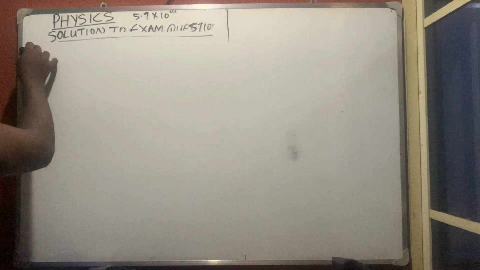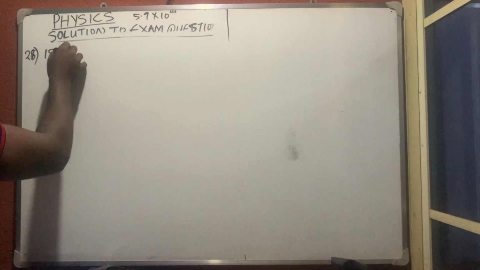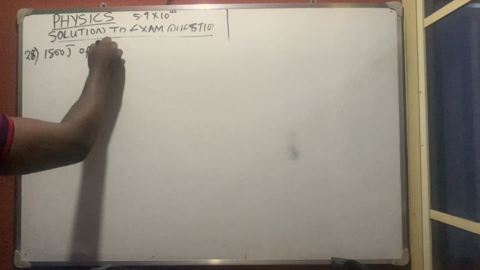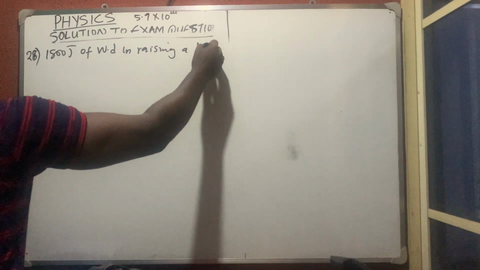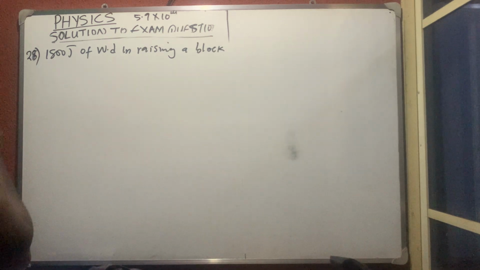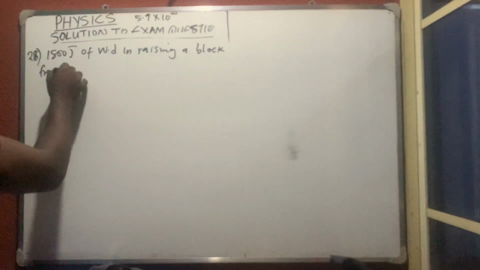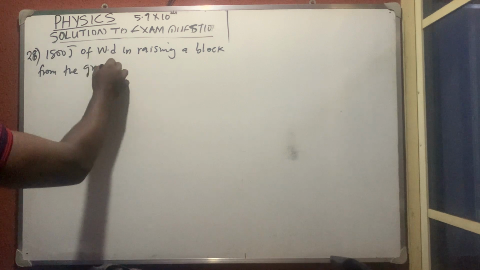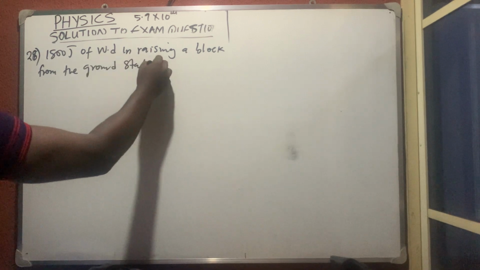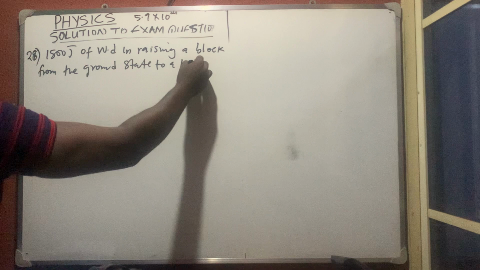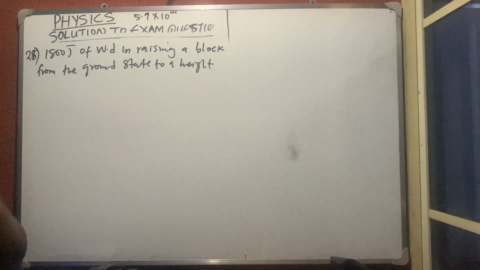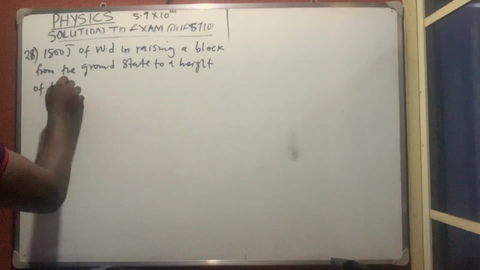We just solved 27. Question number 28 said 1,500 joules of work is done in raising a block from the ground to a height of 1.2 meters.